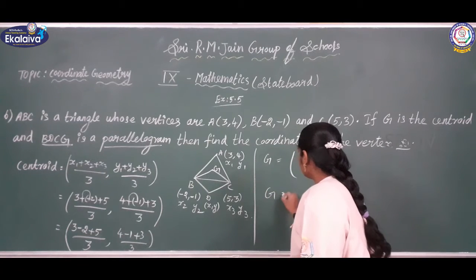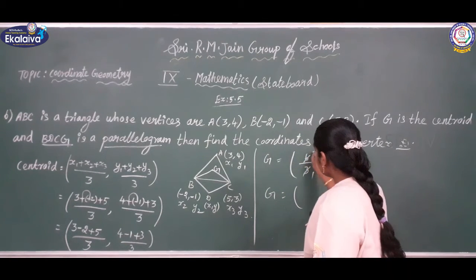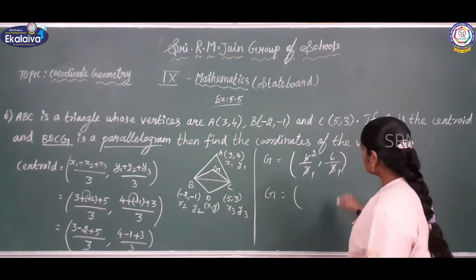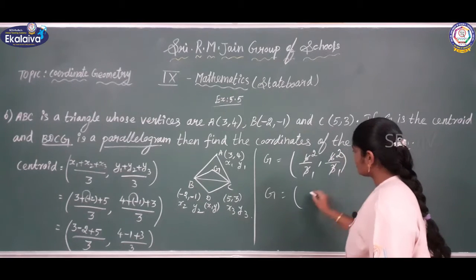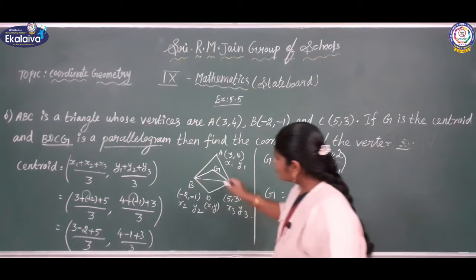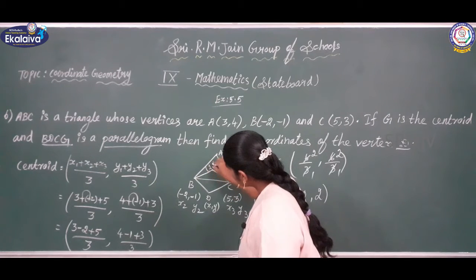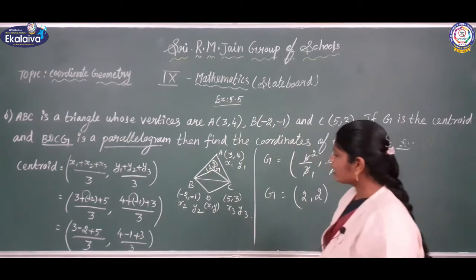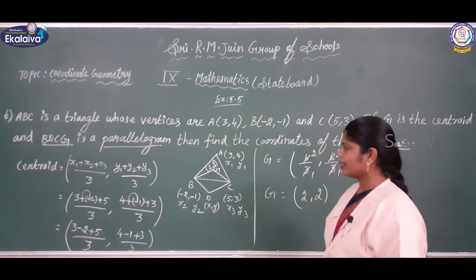So G equal to 3 ones are 3, 3 twos are 6, 3 ones are 3, 3 twos are 6. So 2, 2. Okay. So the G coordinate is 2, 2. Next we are going to find the D coordinates.